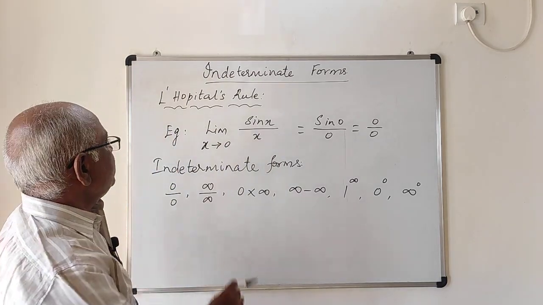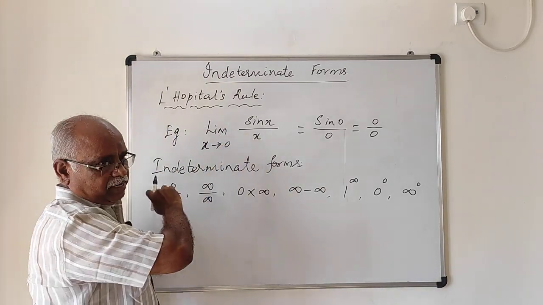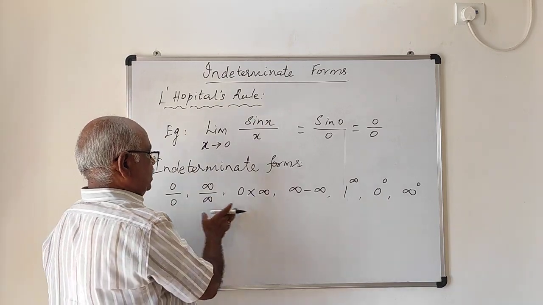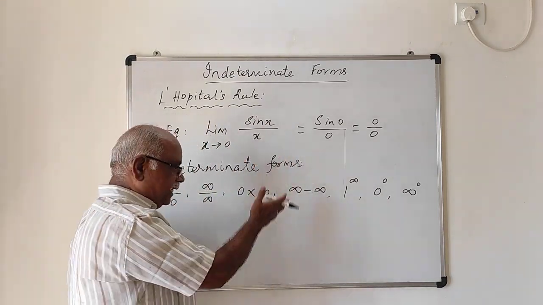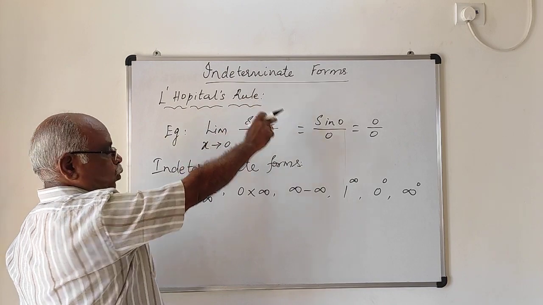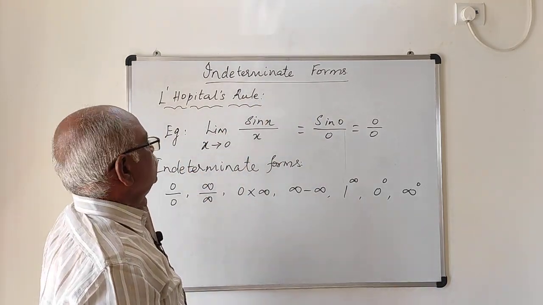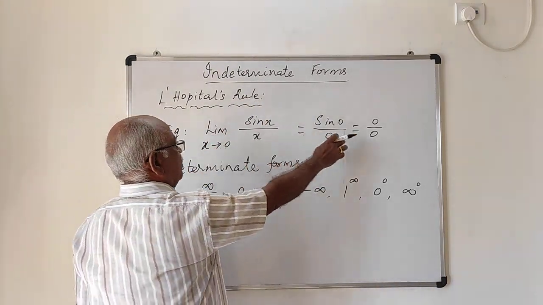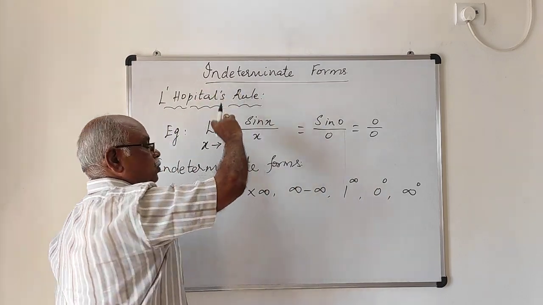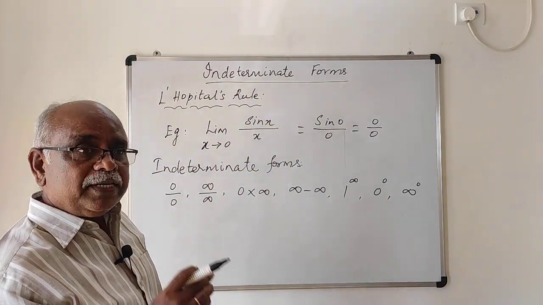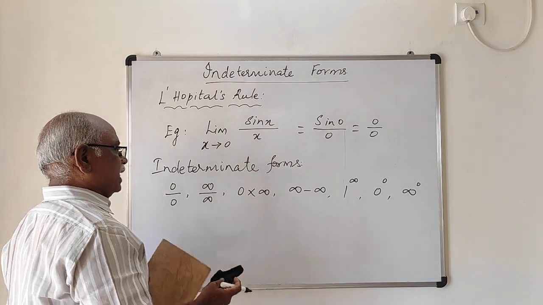If you evaluate certain limits of a given function, you can come across an indeterminate form. In that case, you can use L'Hopital's rule. So if you come across a limit of indeterminate form, you apply L'Hopital's rule to evaluate that limit. What is L'Hopital's rule? I am going to explain now.